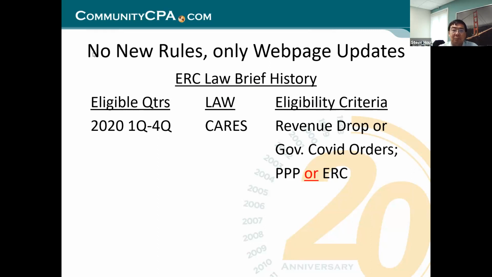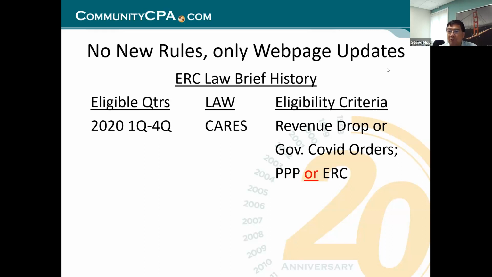IRS does have the power to make rules or regulations about how to implement the laws. So IRS updated its ERC web page, but that does not mean IRS made any new rules. It might have some more clarifications on the web pages there, but there definitely are no new rules.